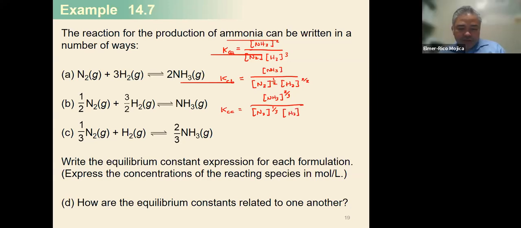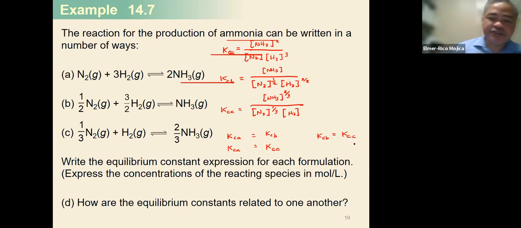Now, what we're going to do is relate KCA with KCB, and then relate KCA with KCC, and then relate KCB with KCC. So what's the difference between the two, A and B?